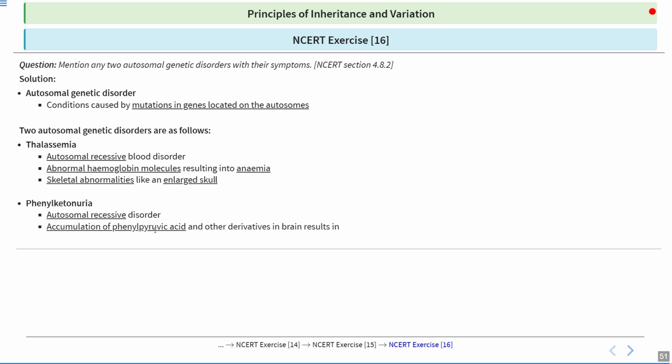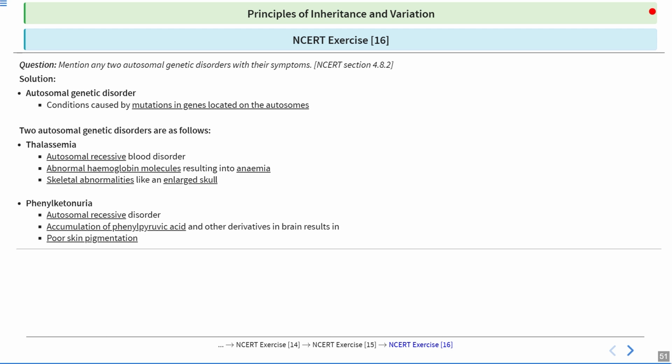There is accumulation of phenylpyruvic acid and other derivatives in the brain because the enzyme phenylalanine hydroxylase is being affected. This results in poor skin pigmentation, mental retardation, and reduced hair pigmentation as well. Another one we have already discussed, sickle cell anemia. Here there is a mutation at the 6th position of the beta globin chain.